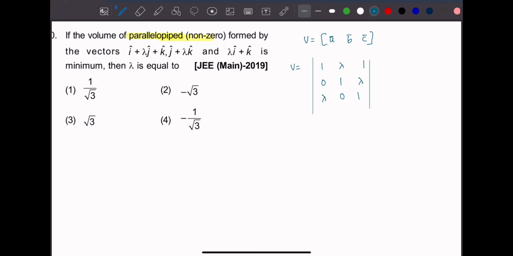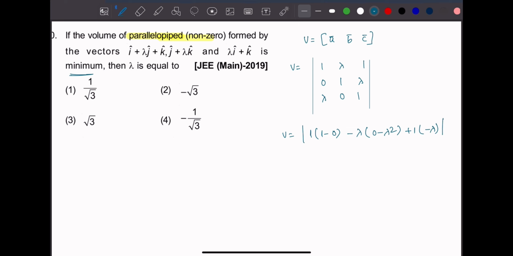That is our volume, and for that volume we need the minimum, so we have to find the value of lambda. First, if I solve this determinant, I get 1 minus 0 minus lambda, 0 minus lambda square plus 1, so we are getting minus lambda.